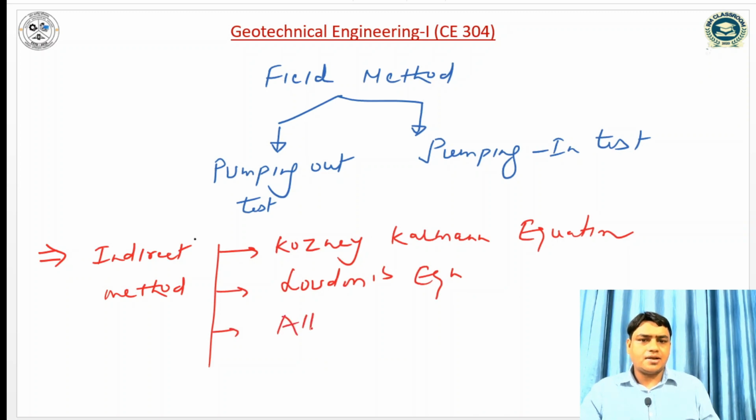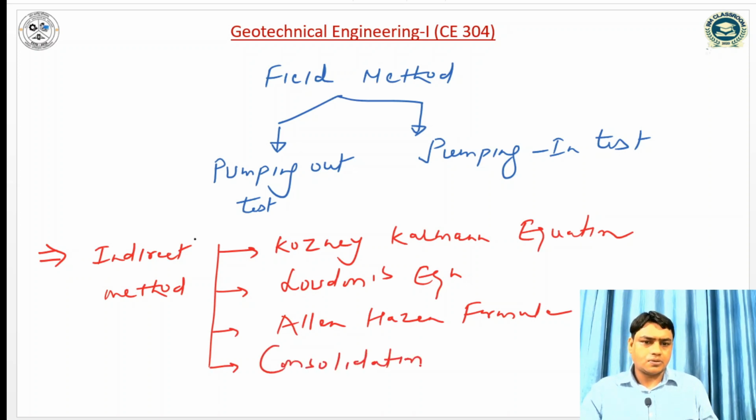The third one is the Allen-Hazen formula, and the last one is the consolidation equation. So these are the four indirect methods. With the help of these indirect methods we can compute the coefficient of permeability. So the coefficient of permeability can be determined either in the laboratory, in the field, or by indirect methods.